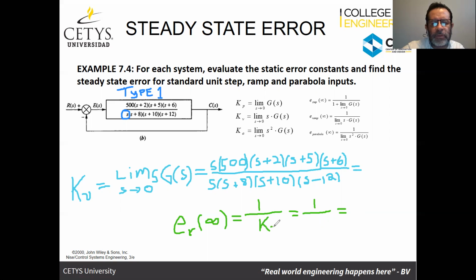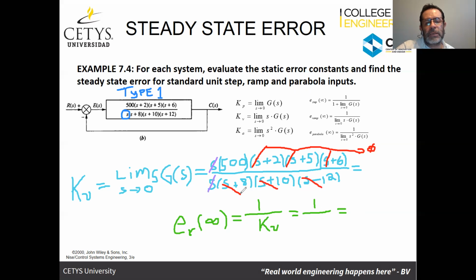And so now let's see what happens with the ramp. In the case of the ramp, we're going to have s multiplied by G(s). So we're going to have an s here in the numerator that's actually going to cancel out with the s in the denominator. And what we're going to have here is that these three are going to be 0, and this and this are also going to be 0.